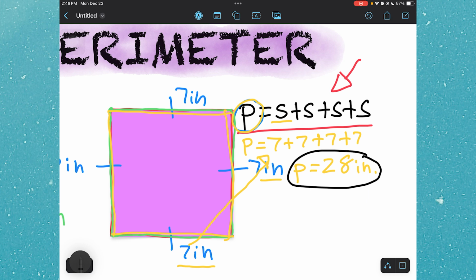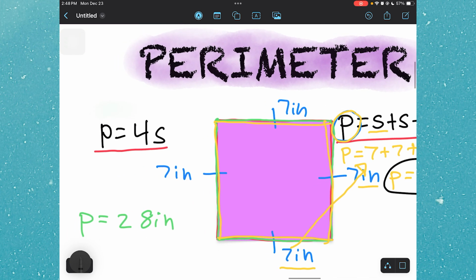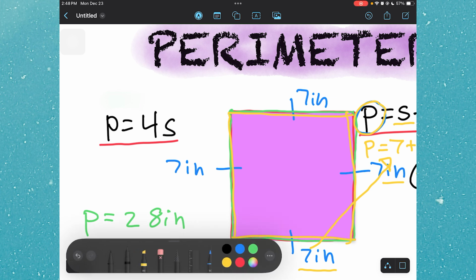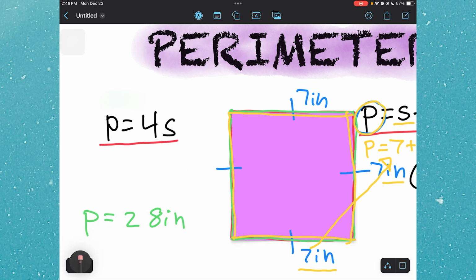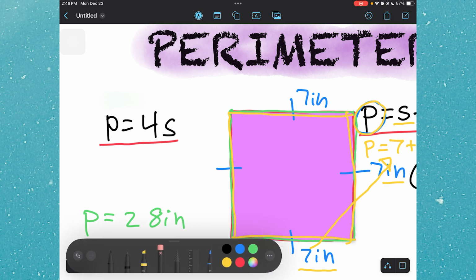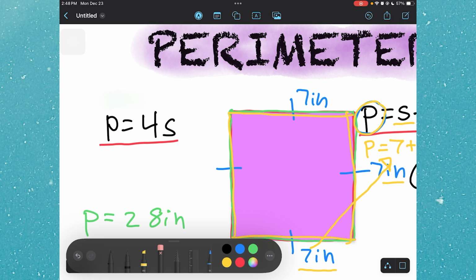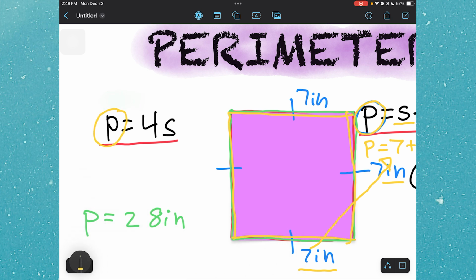Now that's one formula. There's another formula that is also quite simple. And just to make some space, I'm going to erase these 7 inches. And now we're going to break down this formula. So the P, we know that it stands for what? The P stands for perimeter. That's what we're looking for. P equals 4.